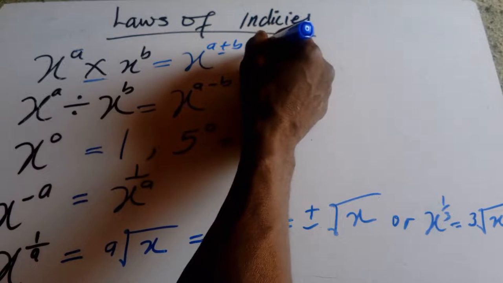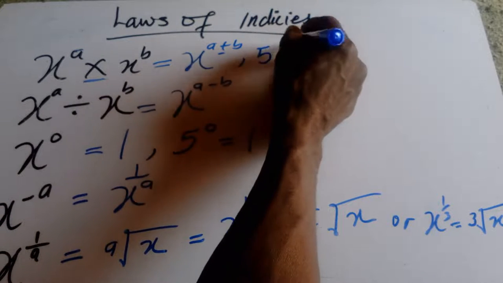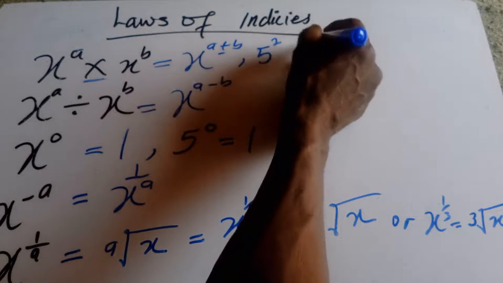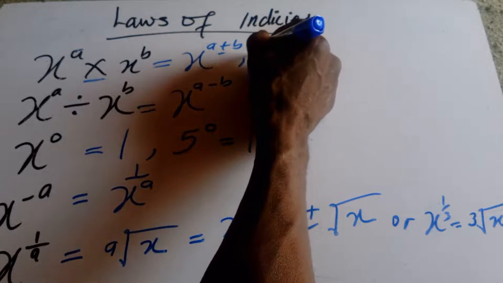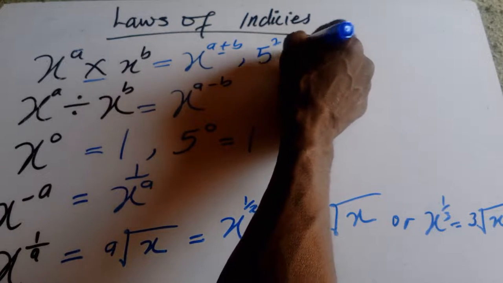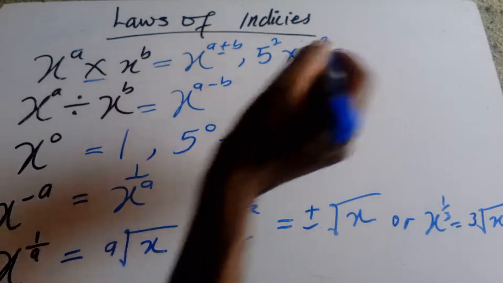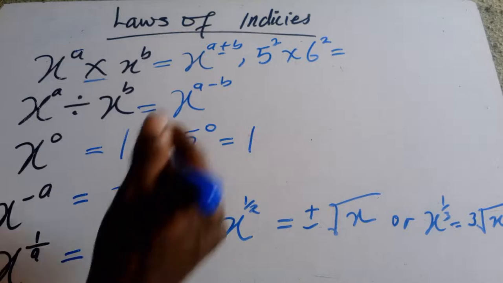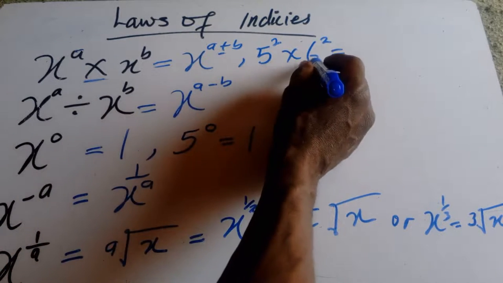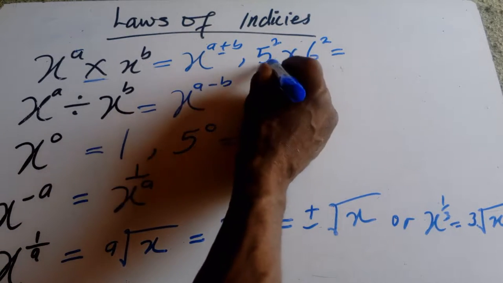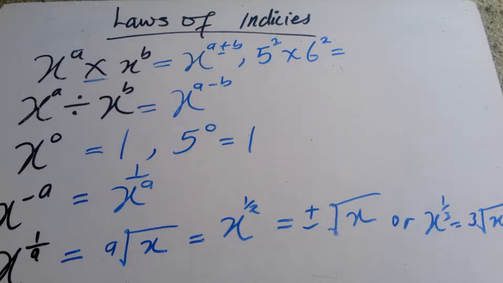Assuming you have 5 raised to the power 2 multiplied by 6 raised to the power 2. Okay, simply here you can multiply, since 5 and 6 are not the same, therefore you have to multiply them before adding the power.